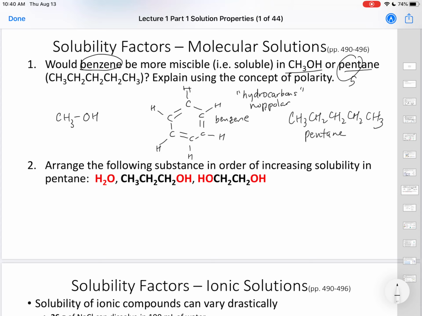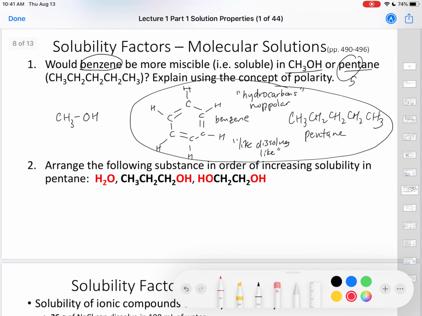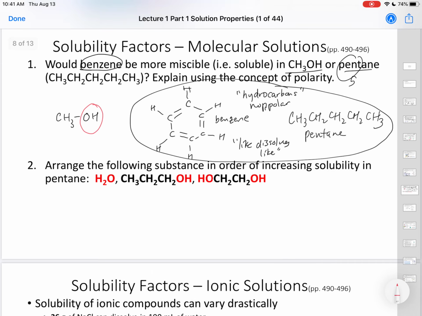So you would predict that like dissolves like. So benzene and pentane are going to be soluble or miscible. The problem with the methanol is the OH group making it very polar, so it is not soluble in the pentane or the benzene.